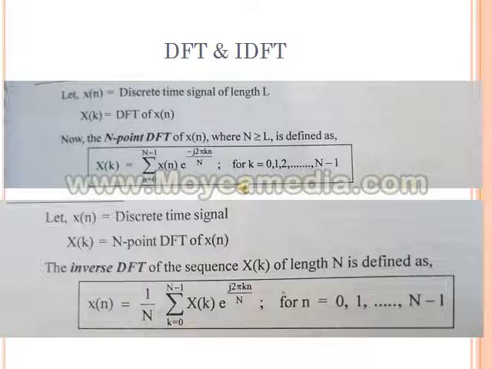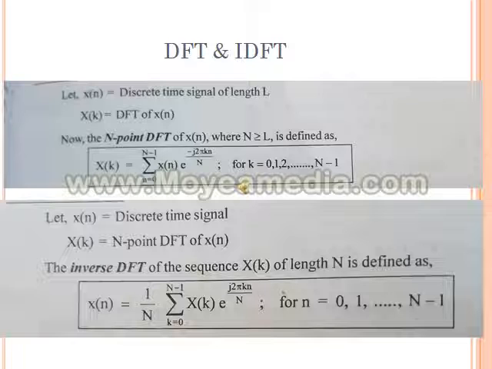Now if we want to recover the signal x[n] back from X[k], we have to take its inverse discrete Fourier transform. Here x[n] is again the discrete time signal and capital X[k] is the N-point DFT of x[n].